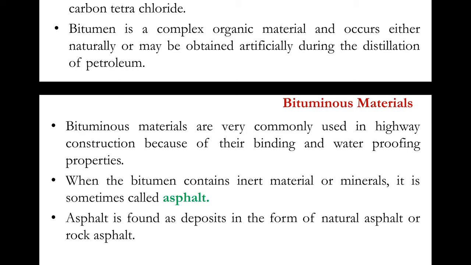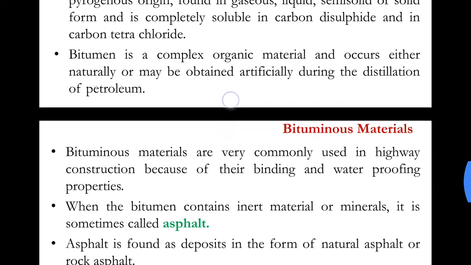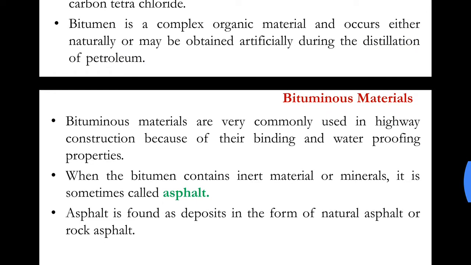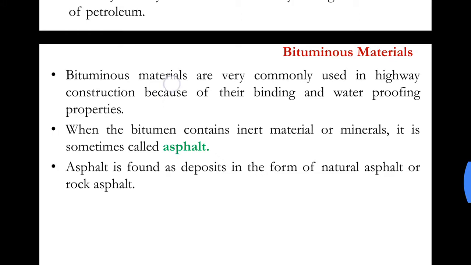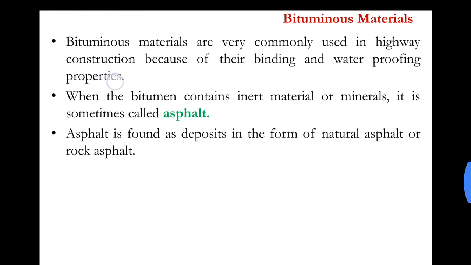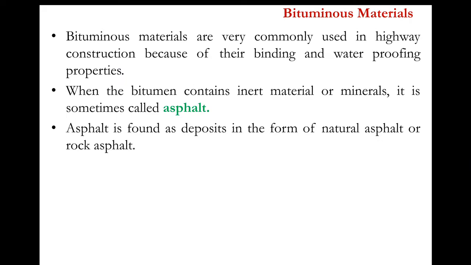Okay, and we can also manufacture it from petroleum by doing the fractional distillation of that crude petroleum. Bituminous materials are very commonly used in highway construction because of their binding and waterproofing properties. Okay, these bituminous materials possess good binding properties and also good waterproofing properties.